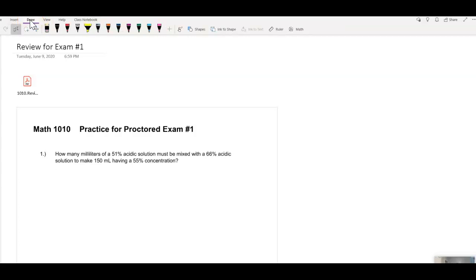It's a compound inequality, and it is -2 is less than -1/2 x minus 5. For some reason my pen is not working. Let me unplug my tablet and plug it back in again. Okay, read that to me again.